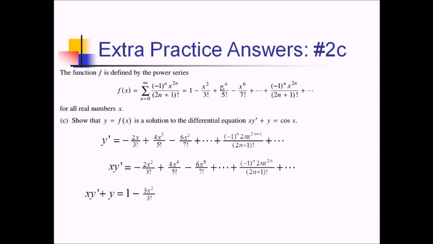Next, 1x to the 4th over 5 factorial with 4x to the 4th adds up to 5x to the 4th over 5 factorial. And as luck would have it, this negative 1x to the 6th combines with this negative 6x to the 6th to give us negative 7x to the 6th over 7 factorial.